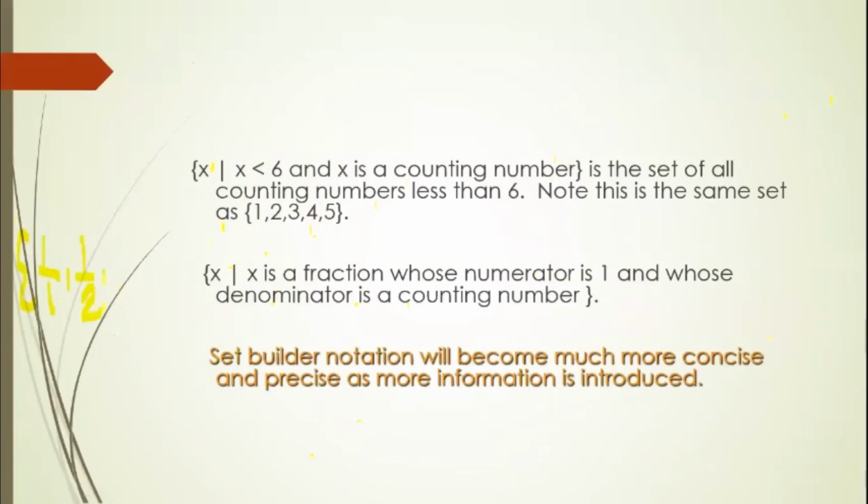Remember, a fraction contains a numerator and a denominator, and that is indicated in the condition that our numerator will be equal to 1 and our denominator should be a counting number. You would notice here that all the numbers you see in the numerator are 1, and at the denominator, these are counting numbers. So this is the equivalent roster form of this expression expressed in set builder notation.